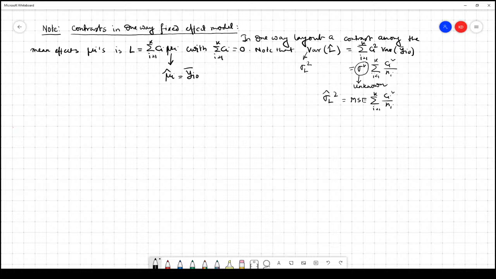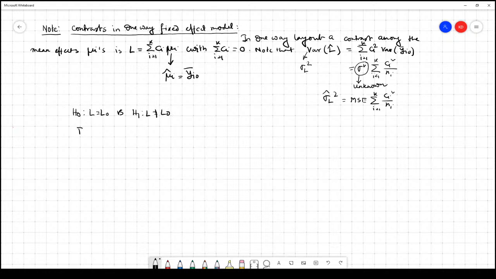And suppose we want to test H naught: L equal to L naught versus H1: L not equal to L naught.